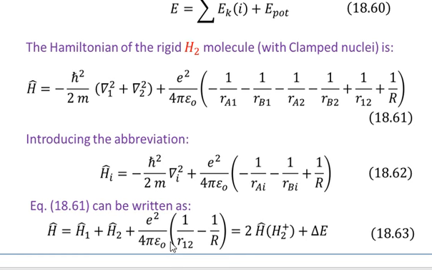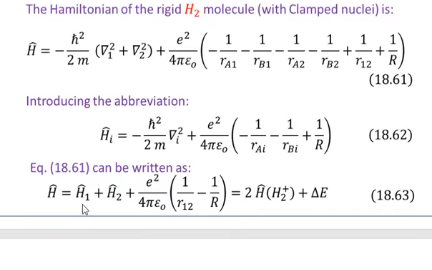Okay, and then we have this term, e squared over 4 pi epsilon naught, containing parentheses with 1 over R_12 minus 1 over capital R. Here I have written the H_1 operator and H_2 operator, and you should not confuse them with the Hamiltonian operators of the atomic hydrogen atoms.